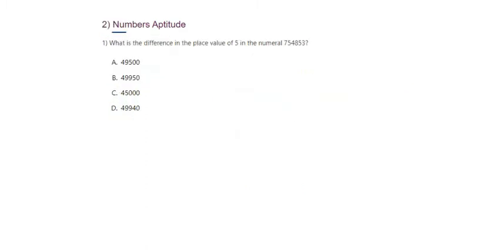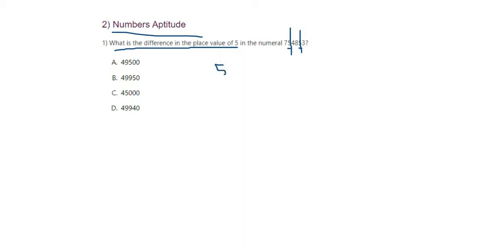So now let's look at the next question on how to solve numbers aptitude. Very simple. What is the difference in the place value of 5 in the numeral 754853? We're going to find out the place values of 5 in this number. Here the 5 is in the tens place, and we have another 5 which is in the 50,000s place.